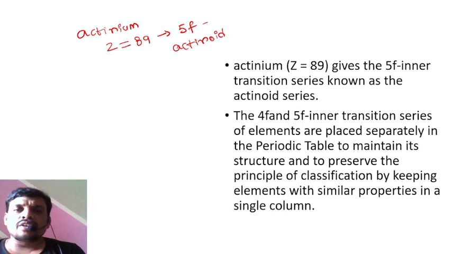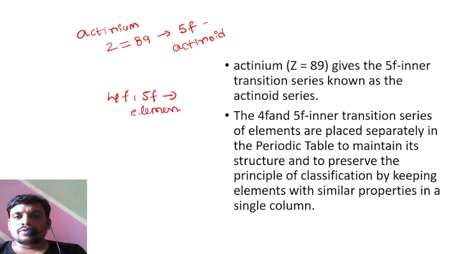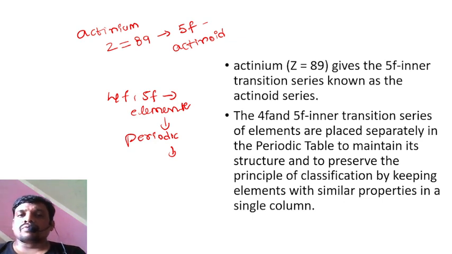If you carefully observe, the 4f and 5f inner transition series of elements are placed separately in the periodic table, to maintain its structure and preserve the principal classification. The principal classification is preserved by the filling up of electrons in the 4f and 5f inner transition series.